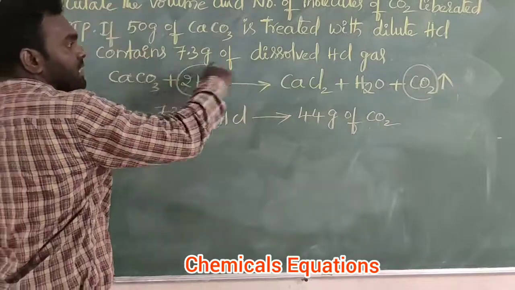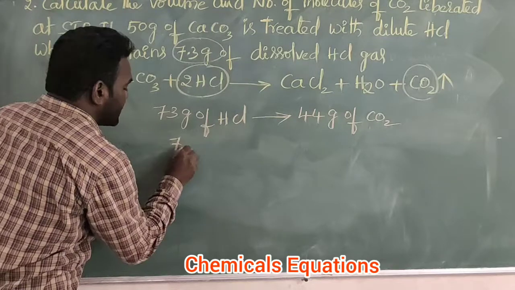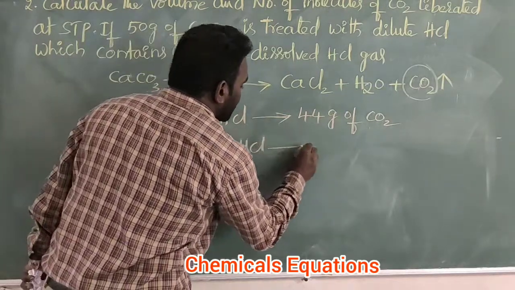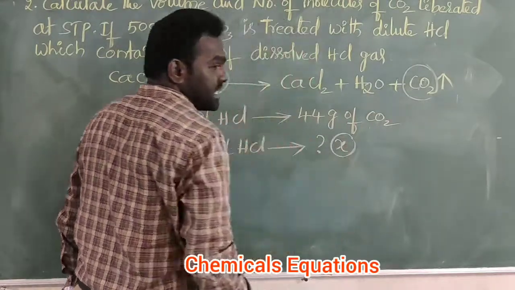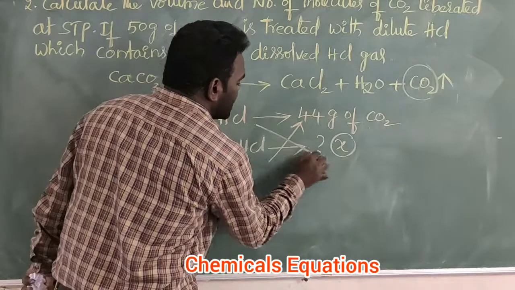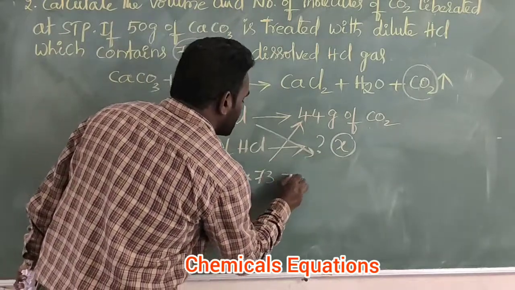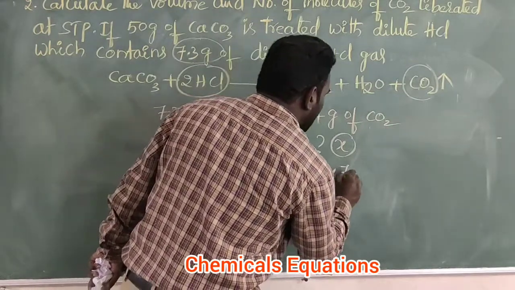But in our question they gave 7.3 grams of HCl. 7.3 grams of HCl gives rise to how much carbon dioxide? Take it as X and cross multiply: X into 73 equals 44 into 7.3.